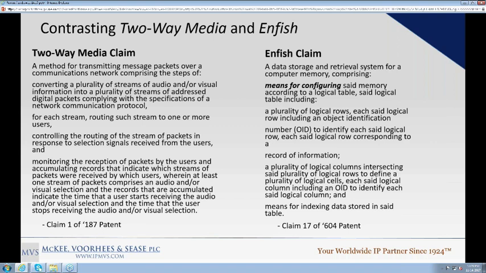So you can see the difference between those two claims, not making an opinion myself of whether I think two-way media should be or shouldn't be patentable, but you can definitely see the difference between the claims and the amount of structure recited in the one versus the lack of structure and specificity recited in the two-way media claim.